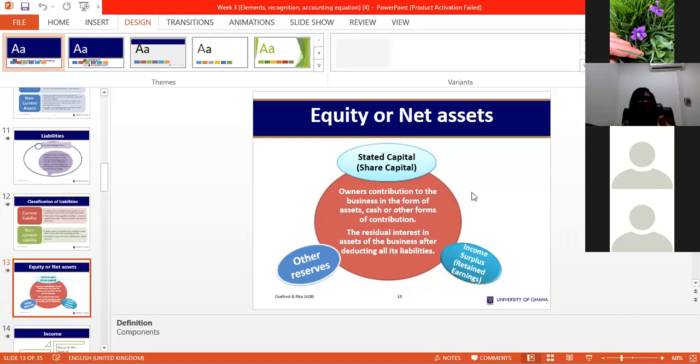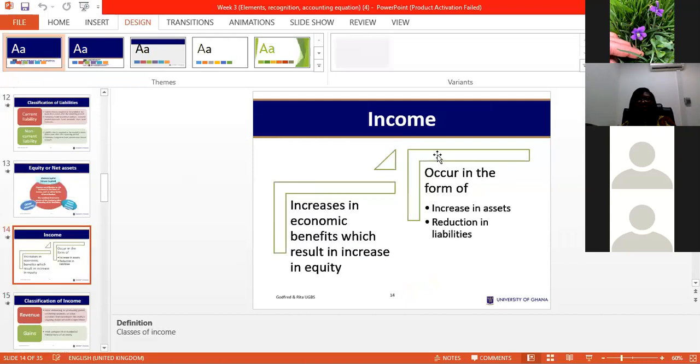The other element of the financial statement is income. Okay, so income can occur in the form of either an increase in an asset or a reduction in your liability. So anytime your economic benefit goes up, it only suggests that you are raking in more money. That economic benefit you are deriving is coming in more.